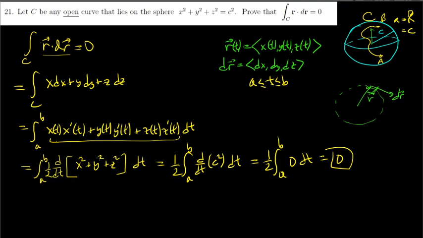Not easy, right? Especially if you're struggling with how to integrate this. It's kind of the reverse chain rule here with the x squared plus y squared plus z squared. So that's how to do that.